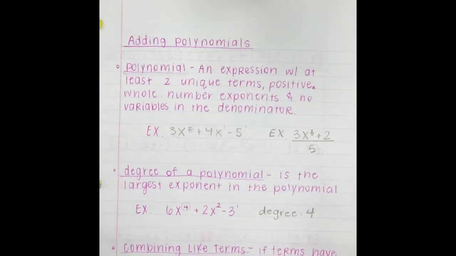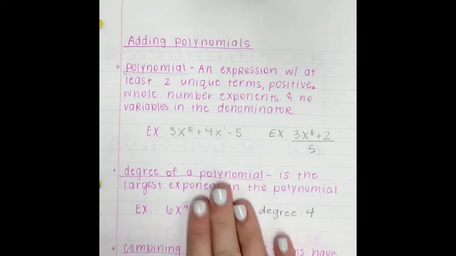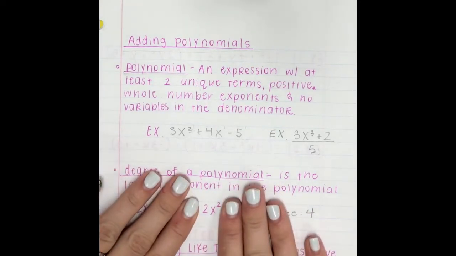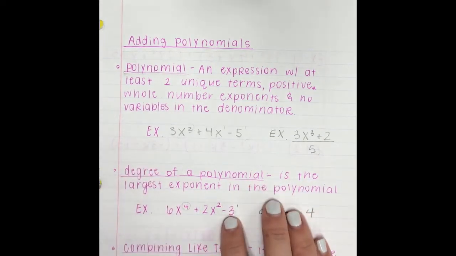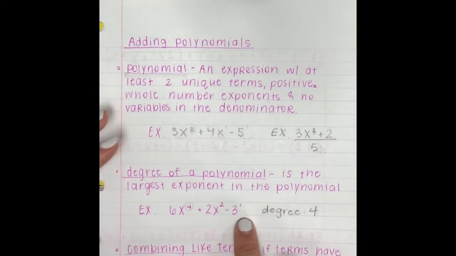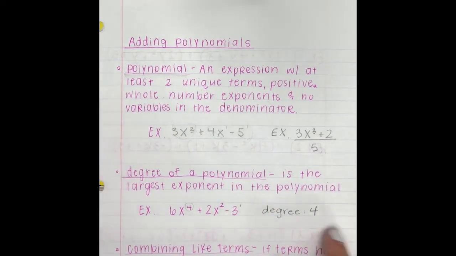If I talk about the degree of just one single term, 6x to the 4th has a degree of 4, 2x squared is a degree of 2, and minus 3 is a degree of 1. But as a polynomial, it has a degree of 4.